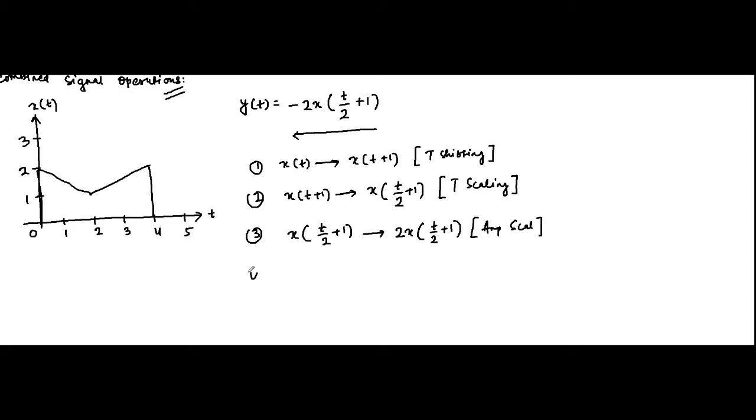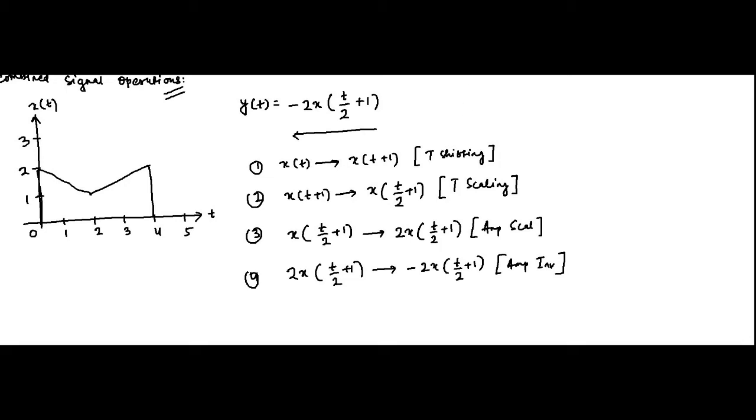And then performing amplitude inversion on 2x(t/2 + 1) to get minus 2x(t/2 + 1). This is amplitude inversion or amplitude reversal, whatever you want to call it. So these are the 4 steps that are involved. Let us go step by step.